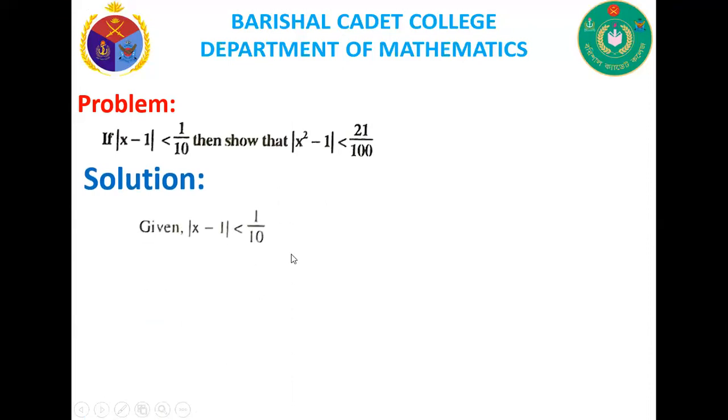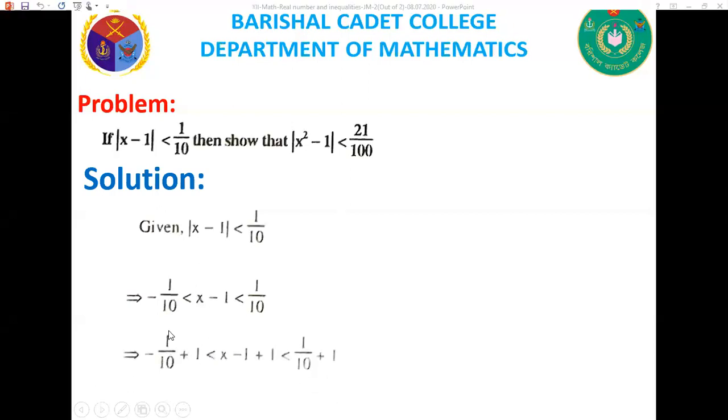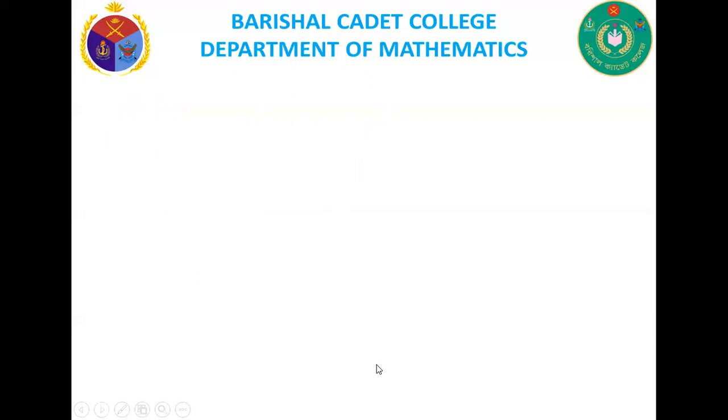First of all, we are given that modulus of x minus 1 is less than 1 by 10. So by the property of the absolute value sign, we can write minus 1 by 10 less than x minus 1 less than 1 by 10. Then adding 1 on each side, we get minus 1 by 10 plus 1 less than x less than 1 by 10 plus 1.